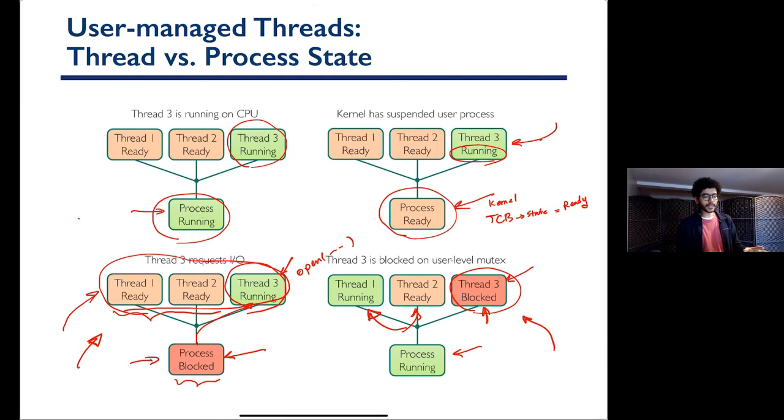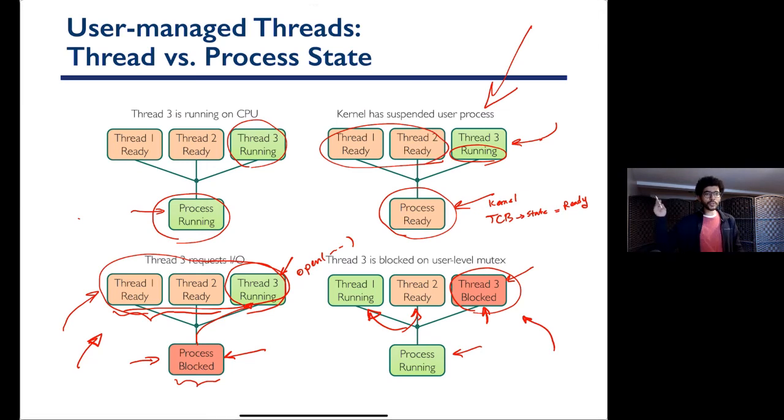The downside is I might have a bunch of threads that I can run, but because the kernel is suspending me, I don't get to run them. This is another example, right? Let's say the kernel decided to context switch. I don't get a chance to context switch to my own threads.